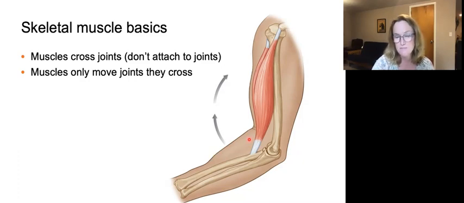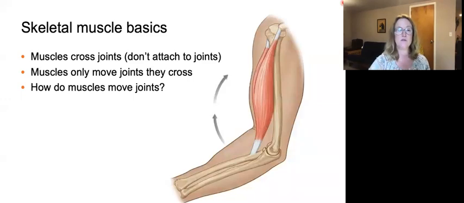This seems like fairly common sense, but again, I'm basing these overview points on mistakes that I've seen students make in the past. So biceps brachii cannot move the wrist because it doesn't cross the wrist joint. Similarly, biceps brachii is not going to move the scapula because it doesn't go from the scapula back to the axial skeleton. So muscles are only going to move joints that they cross.